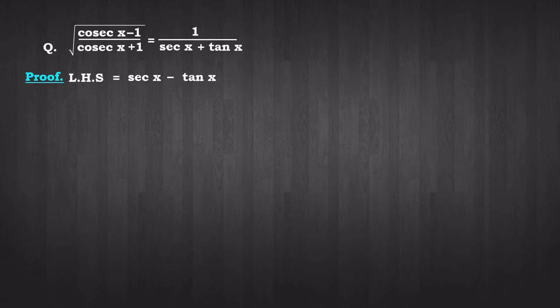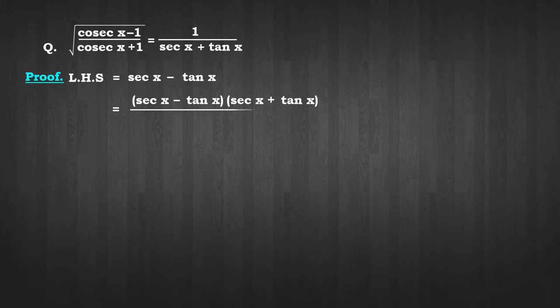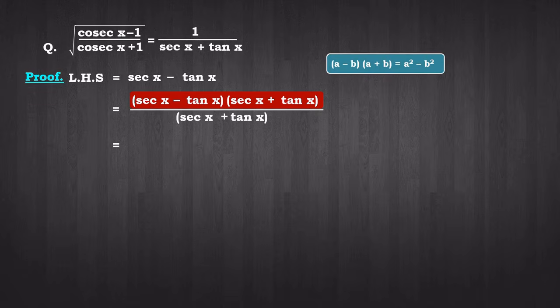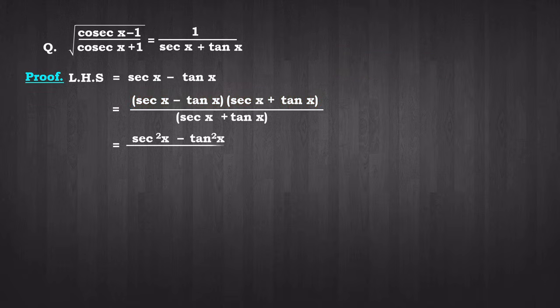From the previous step, the left-hand side is equal to secant x minus tangent x. Multiply the numerator and denominator by secant x plus tangent x. We get (secant x minus tangent x) multiplied by (secant x plus tangent x) upon (secant x plus tangent x).